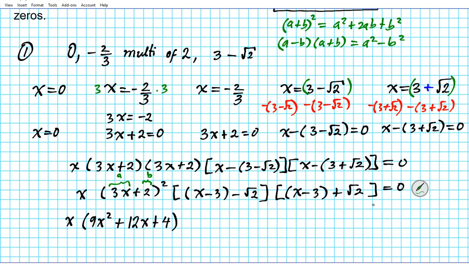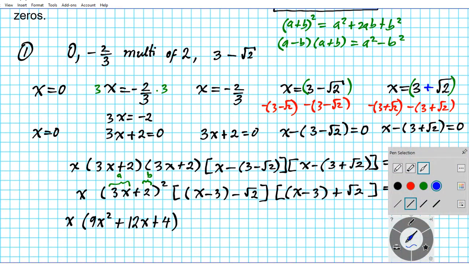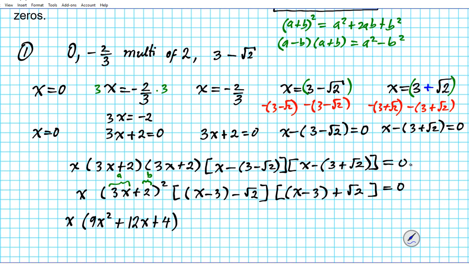So we're going to expand it. Upon expansion, the middle terms will cancel out because it's in this format. We'll end up with a squared minus b squared. In this particular setup, our a and b is not that obvious. In this setup, a is the quantity x minus 3, and b is the irrational number root 2. Alrighty?